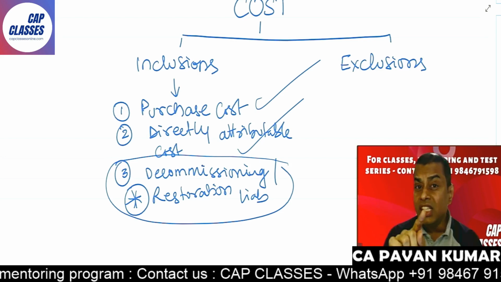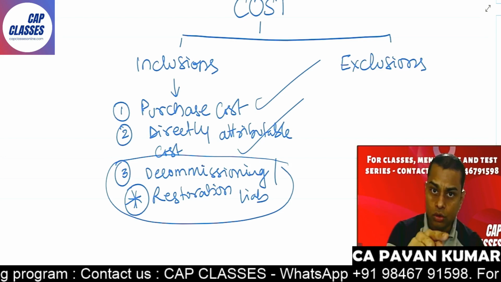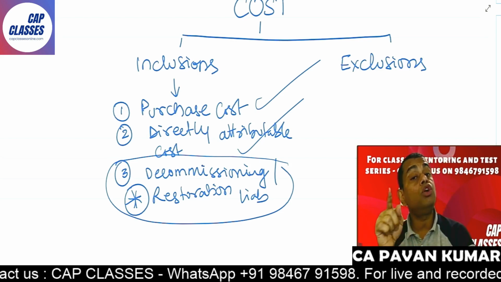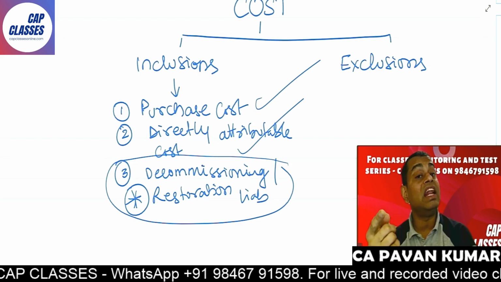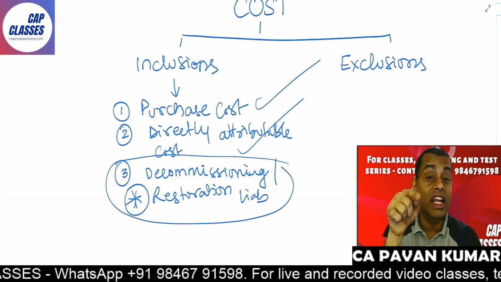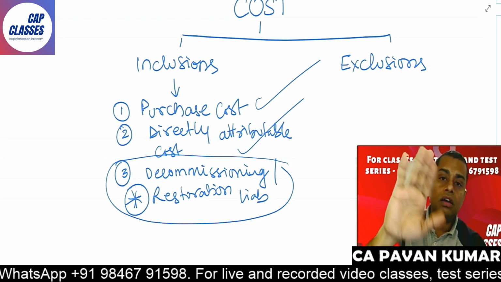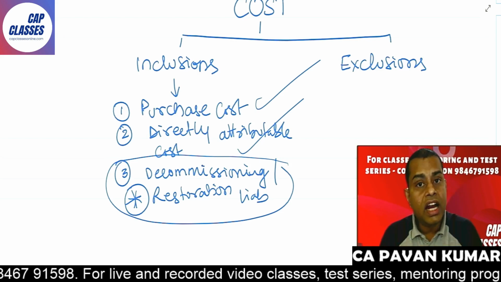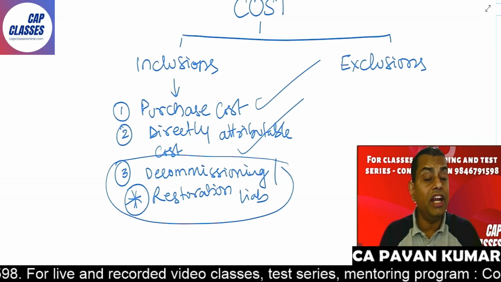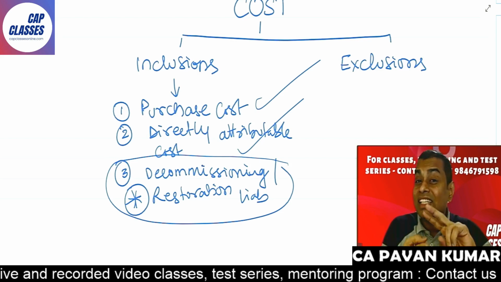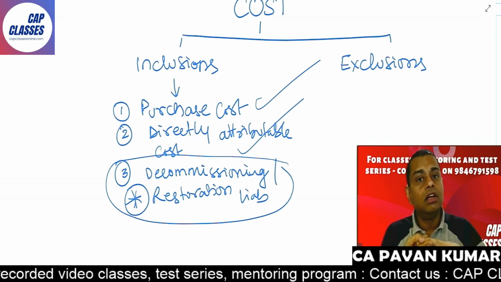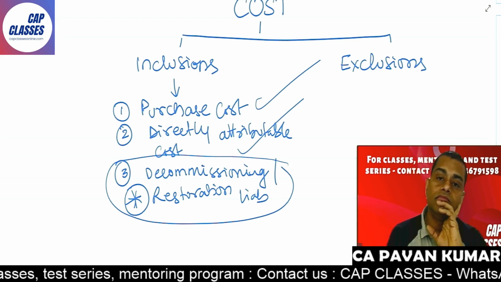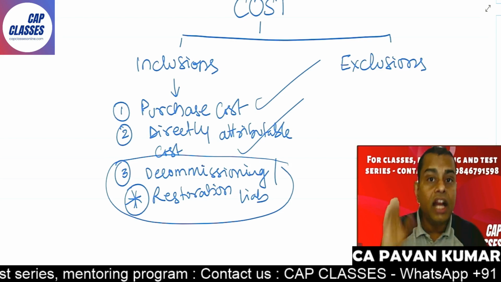If you have purchased an air conditioner for 40,000, installation 2,000, and you know that after 2 years when you are vacating, you'll have to spend another 2,000 rupees for its decommissioning and wall restoration, the cost of the air conditioner in your books is 40,000 plus installation 2,000 plus decommissioning liability 2,000. All this put together, you have to capitalize.